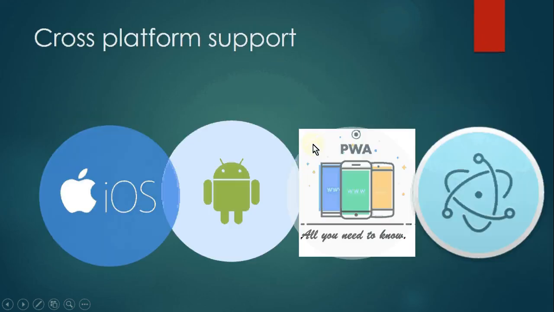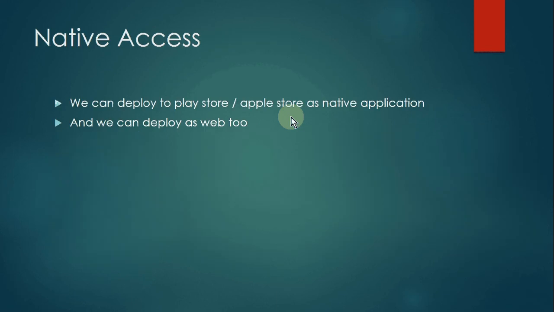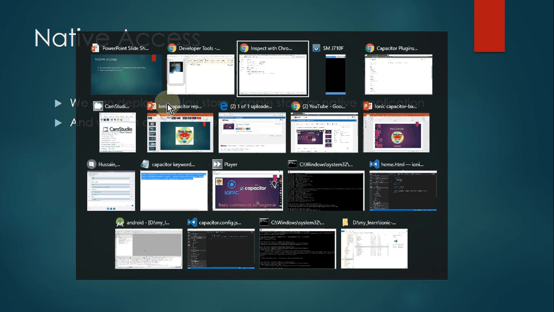It can be widely used across any platform: iOS, Android, Progressive Web App, React and Electron. You can deploy it and use it. We can deploy to the store like Cordova, and you can also deploy it as a progressive web app.